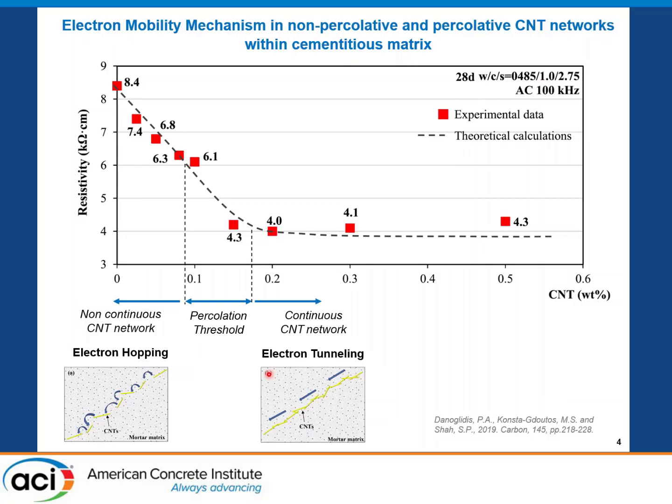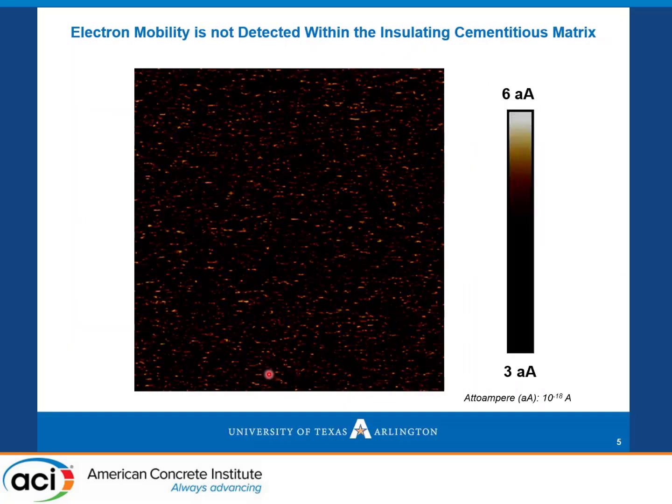To evaluate our microscale results, we conducted ultra-low current mapping in our nanocomposites. We started with the plain cementitious materials without any CNT loading. From this ultra-low current mapping, we observed that no electron mobility, no electrical conductivity can be identified within the insulating cementitious matrix, as expected.